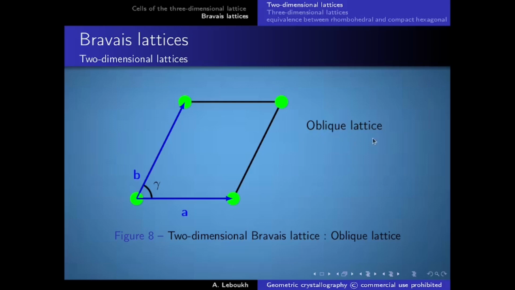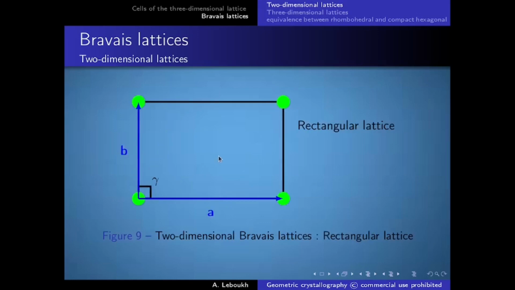The first is the oblique lattice with A different from B and gamma any, but different from 90 degrees. The rectangular lattice with A different from B and gamma equals 90 degrees.